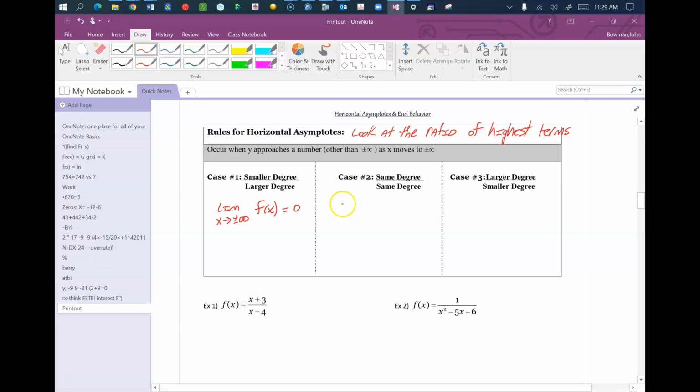The second case is if the numerator and denominator are both the same degree, then the limit as x approaches plus or minus infinity of f of x, and f of x is our rational function, is going to be some constant. And you saw that in the last video. And then finally, if the numerator is a higher degree than the denominator, then the limit as x approaches plus or minus infinity of f of x is either going to be positive infinity or negative infinity.